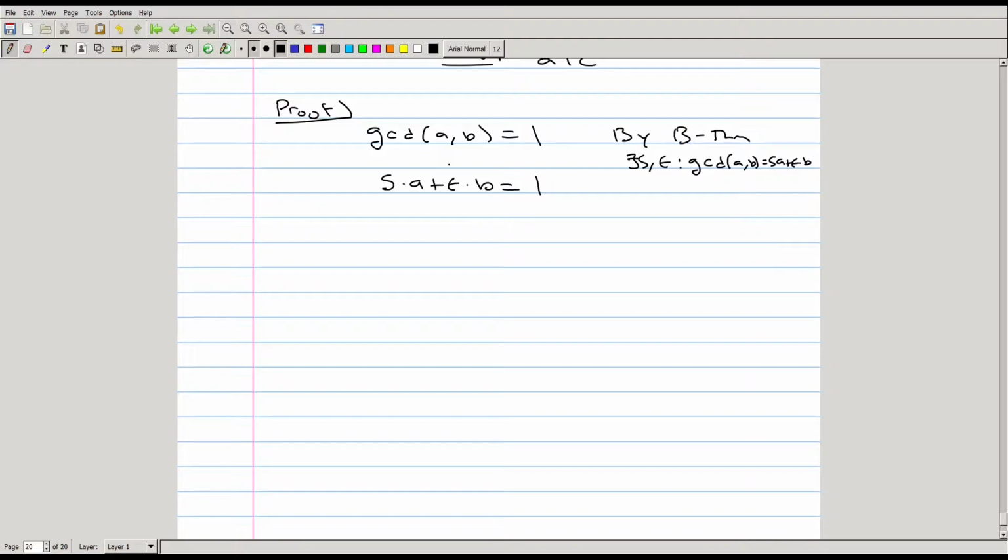If we multiply both sides of this equation by C, we get that S times A times C plus T times B times C is equal to C.